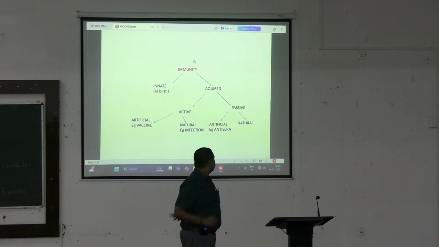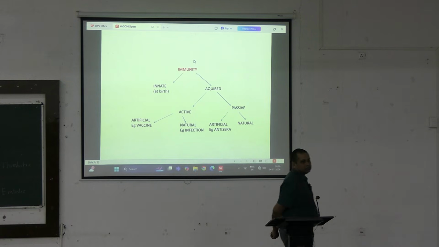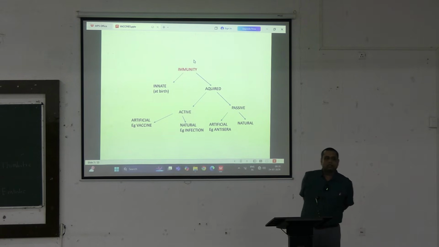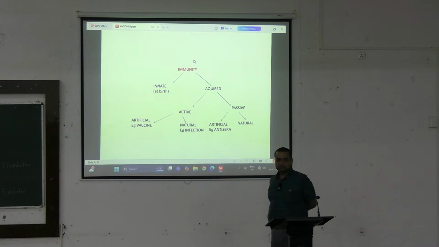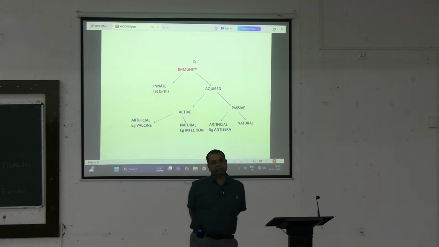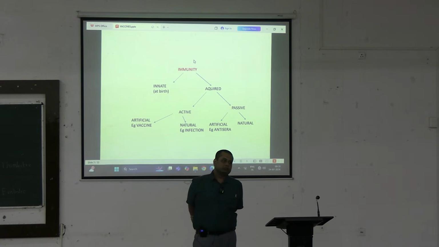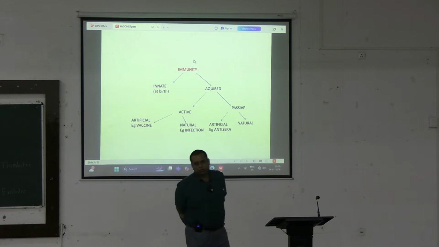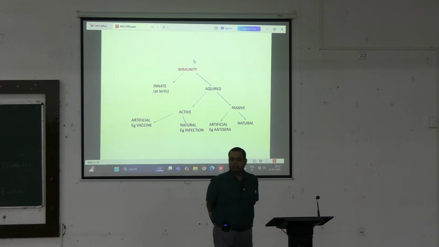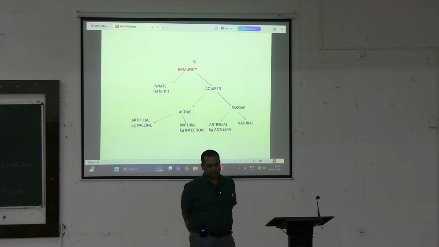And then there is artificial infection, that is vaccine. In a vaccine, either dead virus or dead bacteria or some antigenic component of the virus or bacteria is introduced into the body to stimulate the immune system. That leads to active immunity.